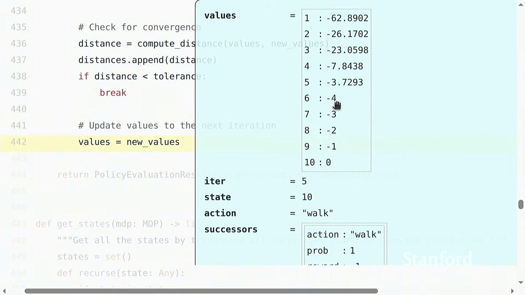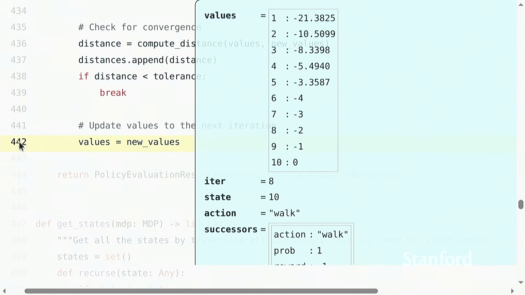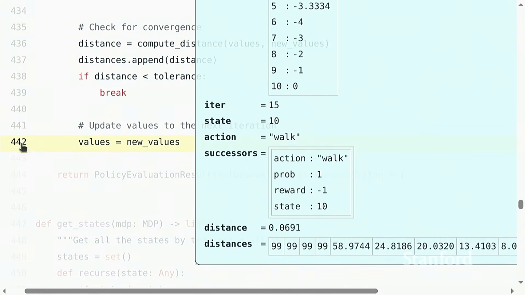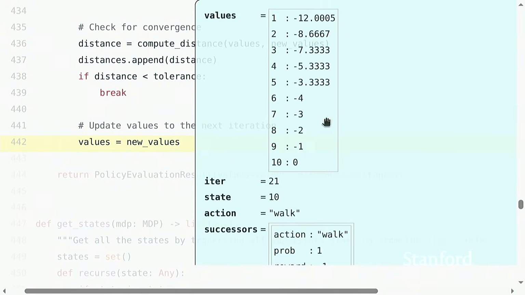I'm in state 6, I walk, and if I keep on walking, I get a reward of minus 4 and I end up in the end state. These take a bit of time to converge, but eventually they should. You see the distance is going down over time, which means the values are changing less and less, and eventually I get to minus 12.0005.